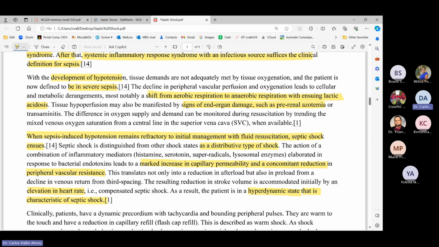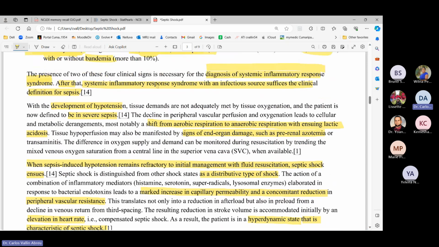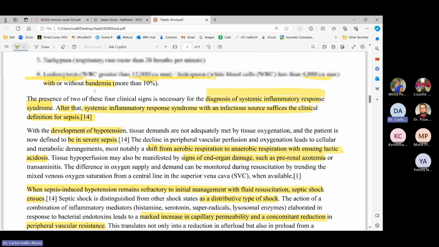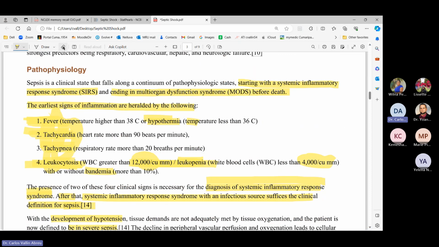And then the systemic inflammatory response syndrome with an infectious source, in our client a urinary tract infection, suffices for the clinical definition of sepsis. So our client has the clinical diagnosis of sepsis. Why? Because he has a urinary tract infection and has three of the parameters to diagnose systemic inflammatory response syndrome.